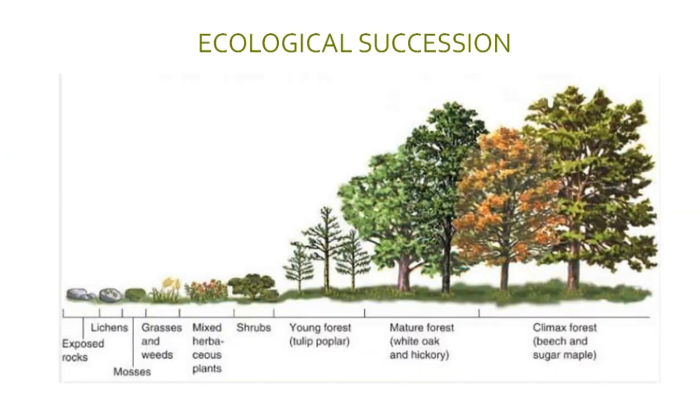So let us understand this through a diagram. When life evolved on Earth, the area occupied by lichens, mosses, grasses and weeds was known as the pioneer community. Over a period of time, this changed into the seral community, or we can say that it is a transition phase where the area was occupied by mixed herbaceous plants, shrubs or young forests.